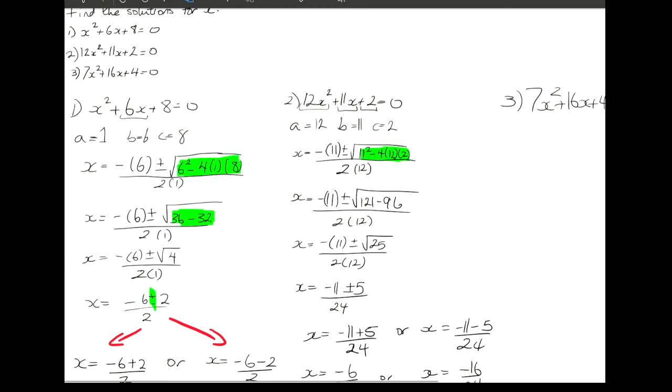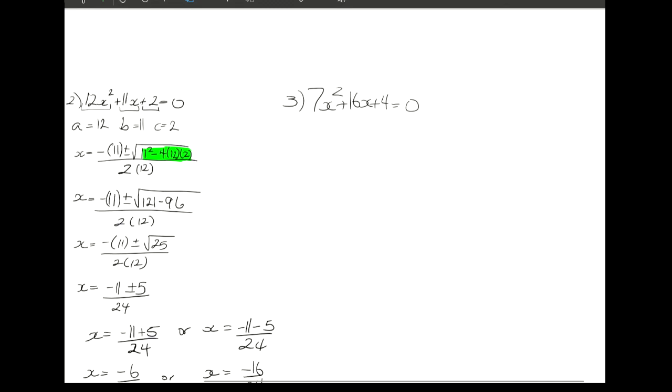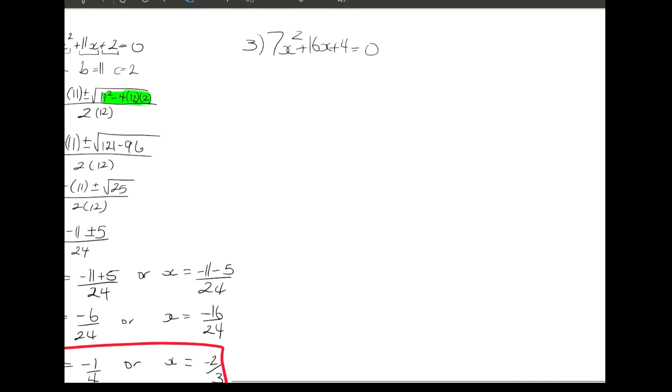So I want you to find a, b, and c. You can pause the video, find a, b, and c. I'm not going to talk through this one, but find a, b, and c on your own. Let's see if you get the same answer as I do. So you can pause the video now and work it out.